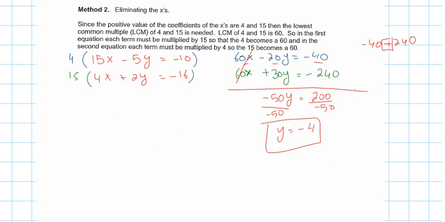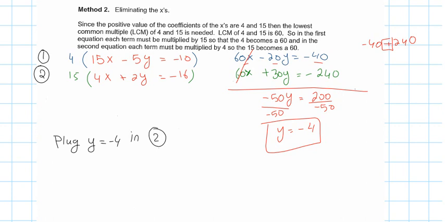Then I can choose one of the equations, 1 or 2, to solve for x. Always you're looking for a point of intersection. So plug y equals negative 4 in equation number 2.